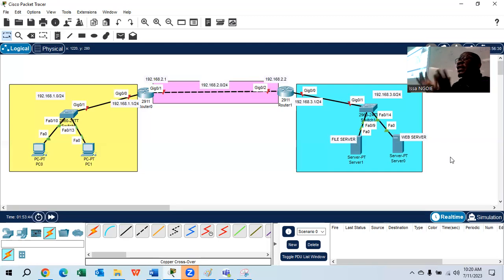So the whole idea of this network, we want to give those two computers access to the file server and the web server. But we are going to use a static route.